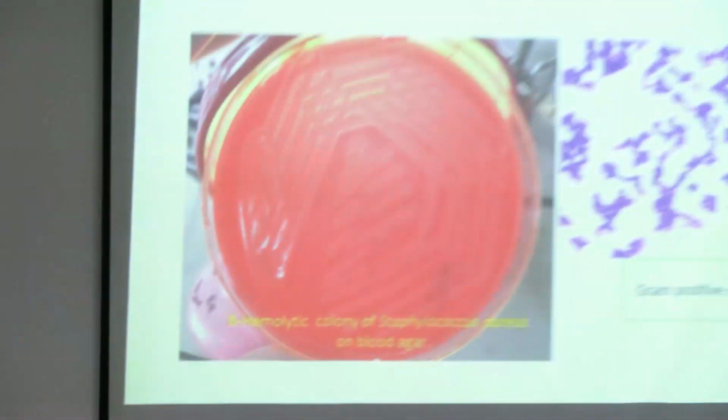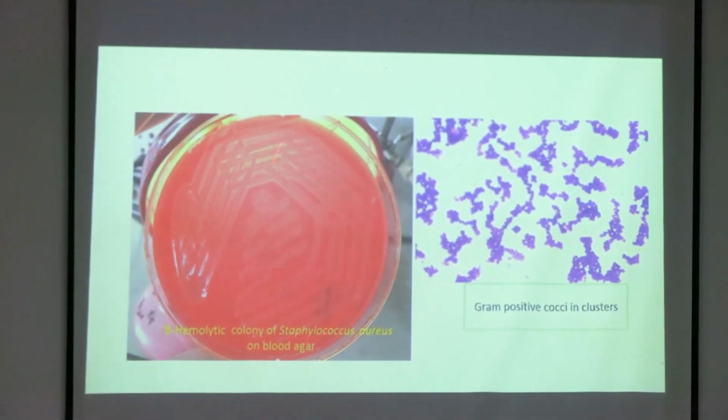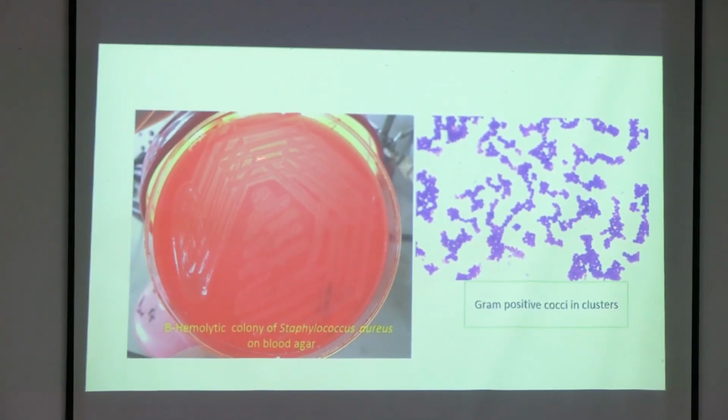So how do you diagnose Staph aureus and CoNS? First you do a gram stain. What will you see in the gram stain? Gram positive, negative? Gram positive cocci in clusters. And then in the blood agar, what can you see?